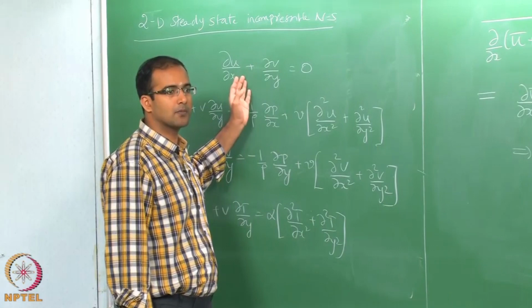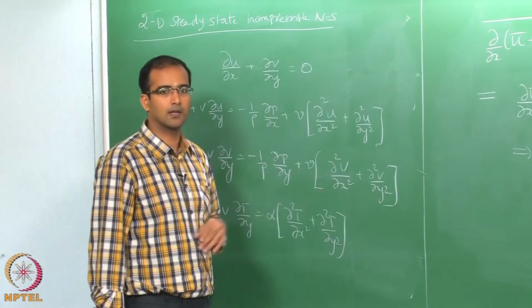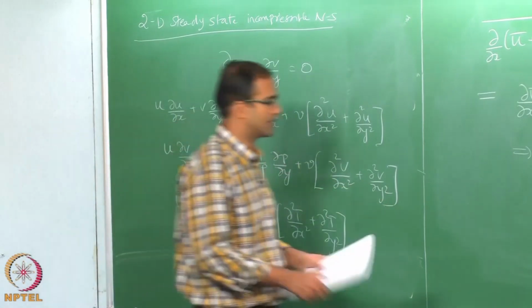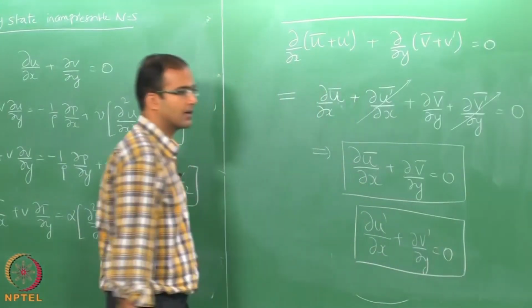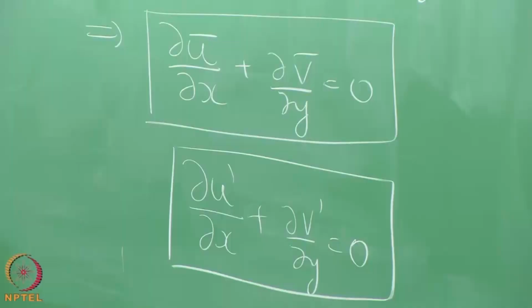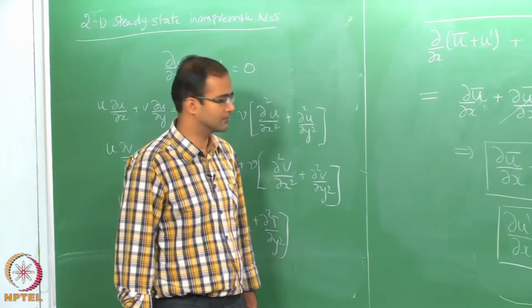So, if you substitute back, you can write a continuity equation satisfied by the fluctuating component also. The velocity fluctuations u prime, v prime also should satisfy their own continuity equations.